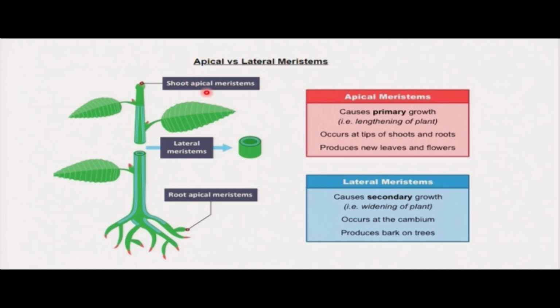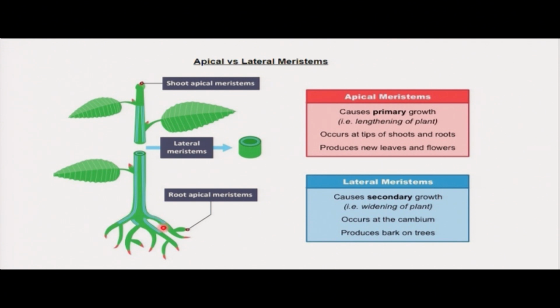Then, let us try to compare apical meristems and lateral meristems. We have talked about apical meristems, and we have said that these meristematic tissues are located on the tip of the shoot. Remember, the shoot means the upper parts of the plant. Here we talk about the stem, the leaves, and flowers. So on top of the shoot, we have apical meristem, and even underground.